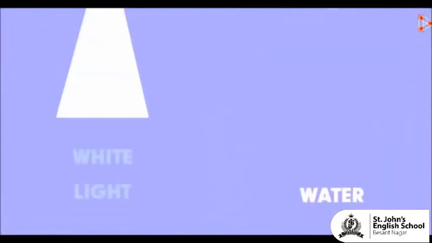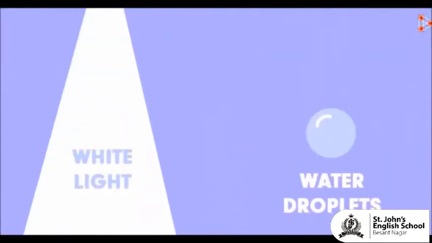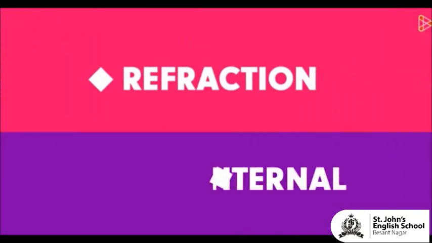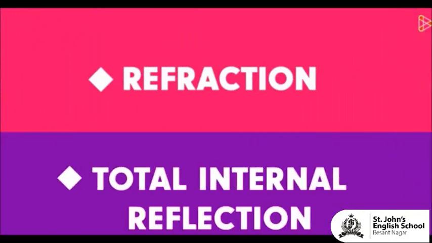A rainbow is always formed in the direction opposite to that of the sun. The water droplets act like a small prism. Actually, the rainbow is formed due to refraction and total internal reflection.